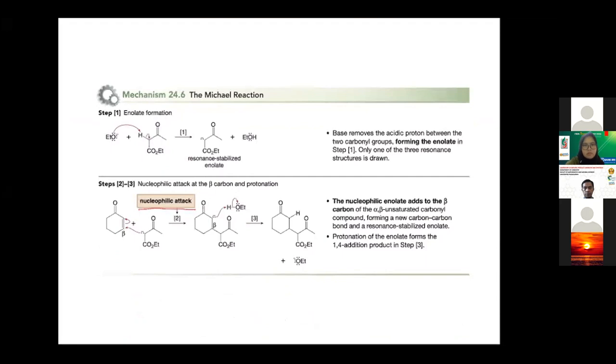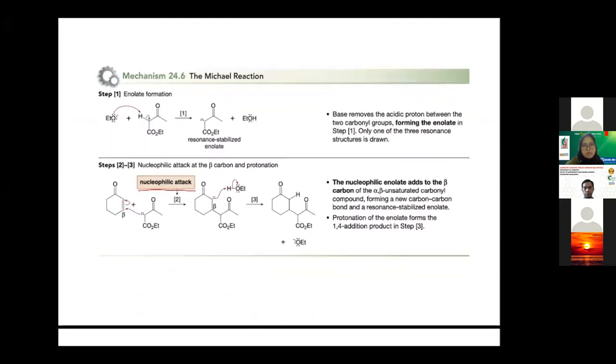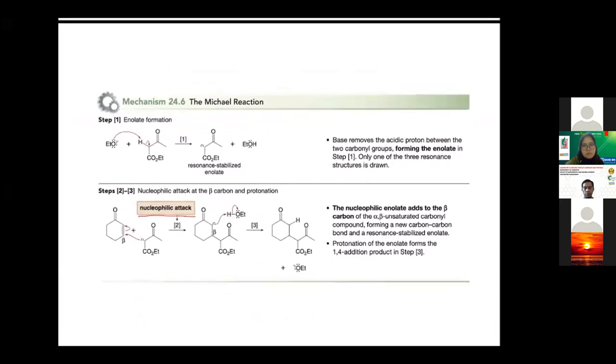Yes, this one, the deprotonation. Sorry, this one, the protonation. Okay, this is the strong base. Yes, and this is the stable, resonance-stabilized enolate. This is the enolate.